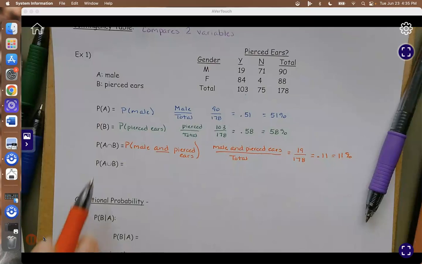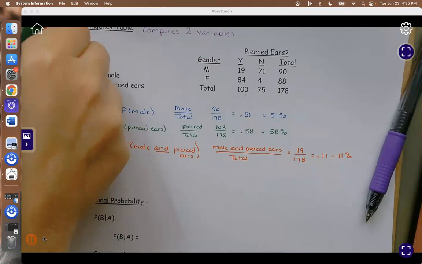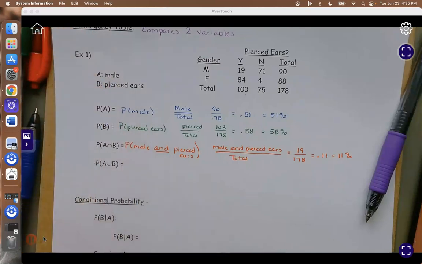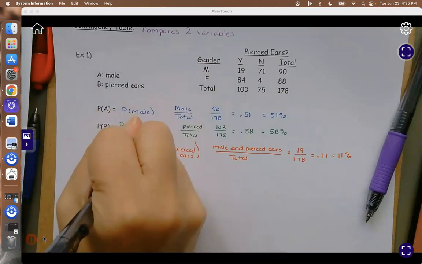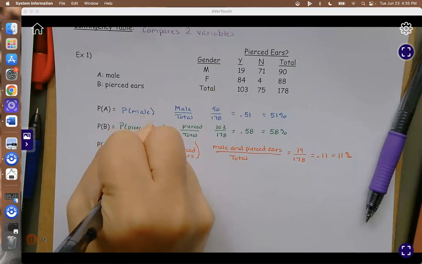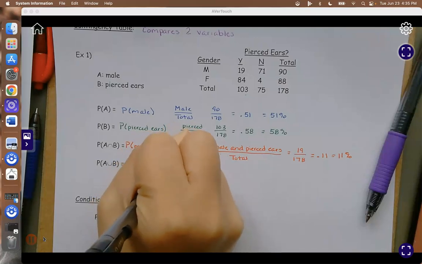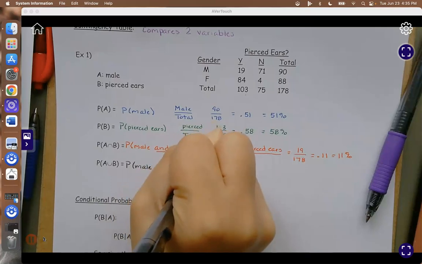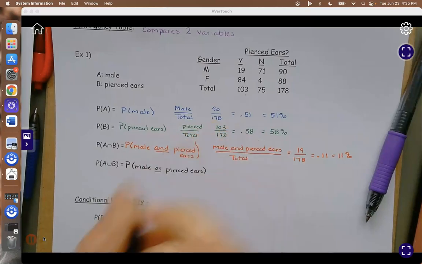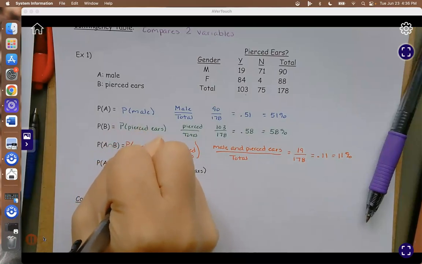Okay. Next, this means or. Okay, so for or, we're going to do the probability that they are male or pierced ears. Now remember, with or, you have to do the additional.